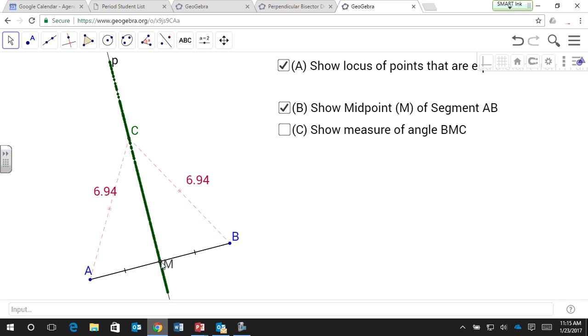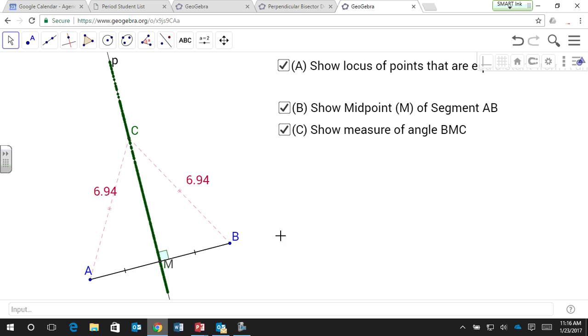Guess what? It went through the midpoint, didn't it? And we have a right angle down here. So what is this line? This line is the perpendicular bisector, right? Okay. And anybody who's on this line is equidistant from the endpoints.